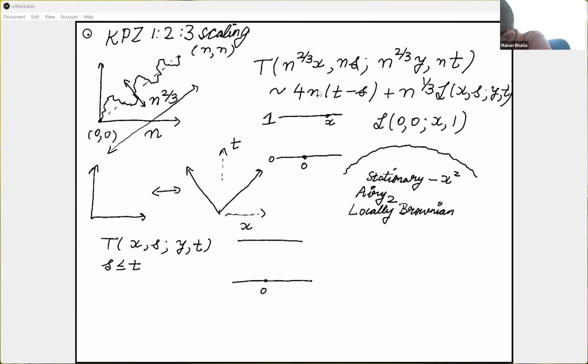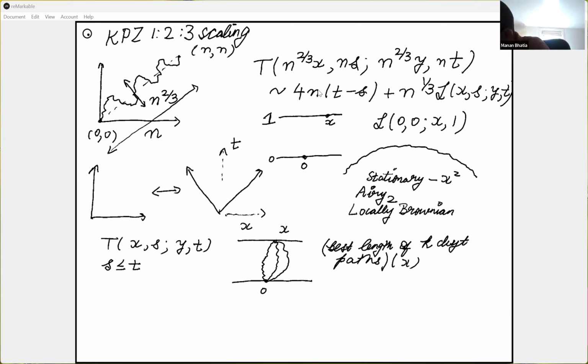Again I go from 0 to x, but now instead of measuring the passage time, I measure a different statistic: the best length of k disjoint paths. This will be a function of x. Earlier I was just taking k equal to 1, so it was a geodesic, but now there will be k disjoint paths.